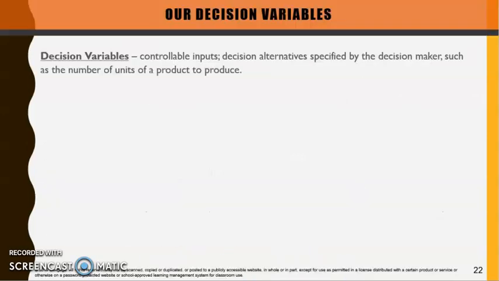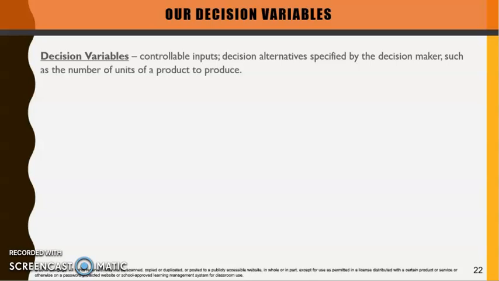Now we are ready to do the first part. When we are doing a mathematical model, the first step is decision variables. Decision variables are something that you want the model, after being solved, to tell you.